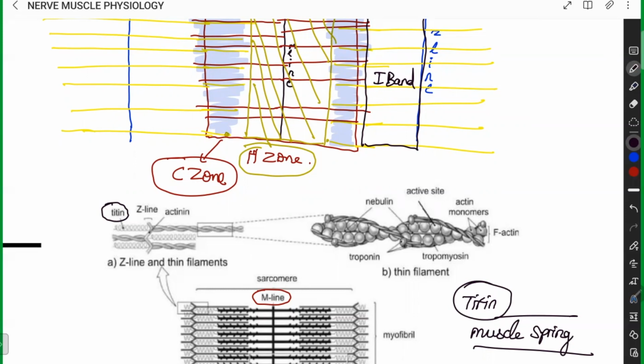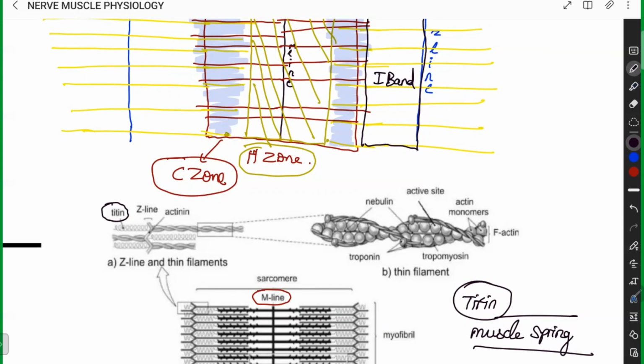This is going to connect your M line and Z line, thus providing scaffolding of the sarcomere. Are you clear? Next, you are going to move to one intermediate filament of the muscle. What it does is, this connects your Z line.